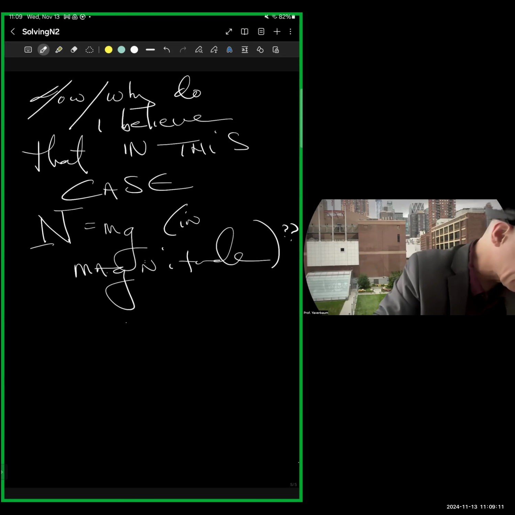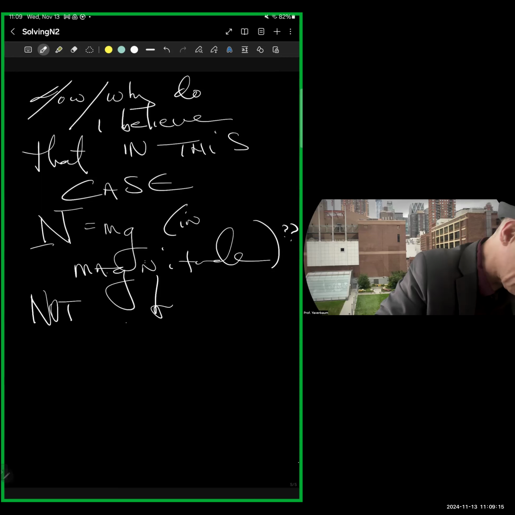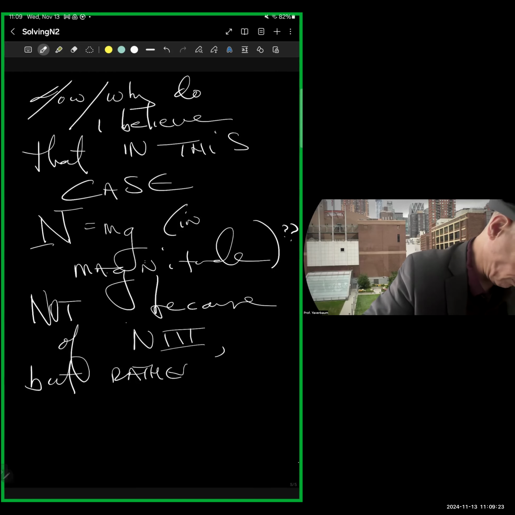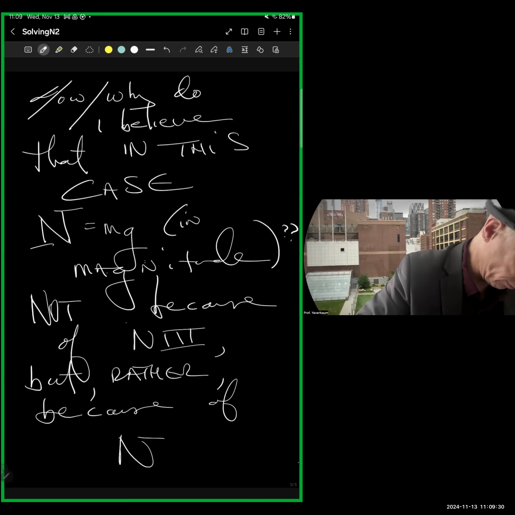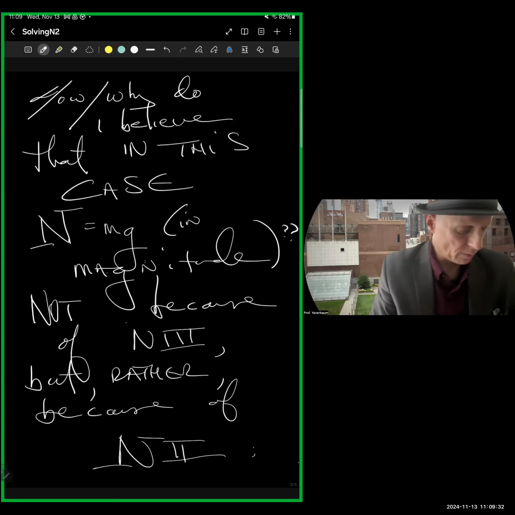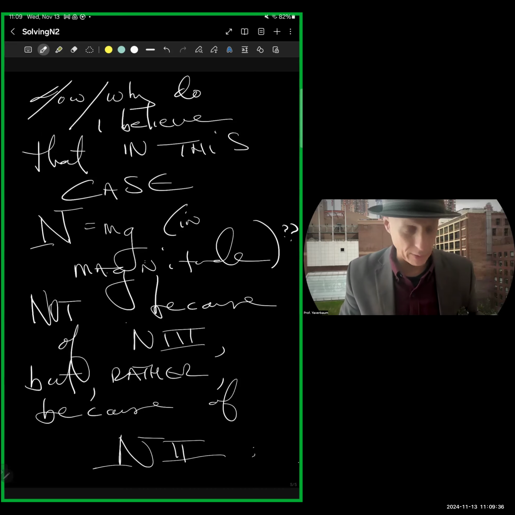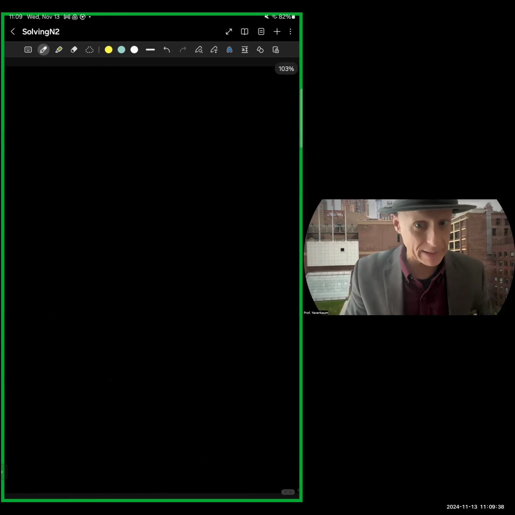Because of Newton's second law. It's not because of Newton's third law. In this case, how does Newton's second law work? There's a simple approach: I look at my diagram.